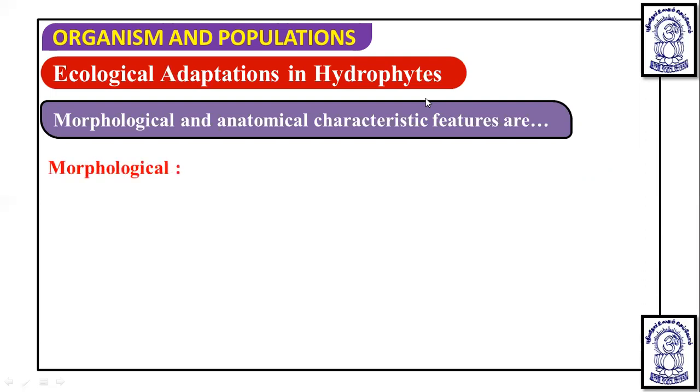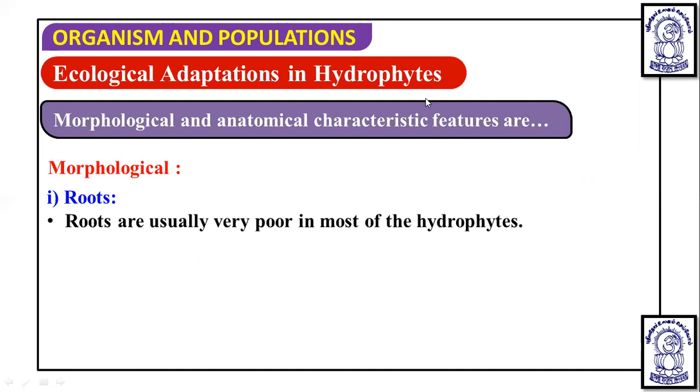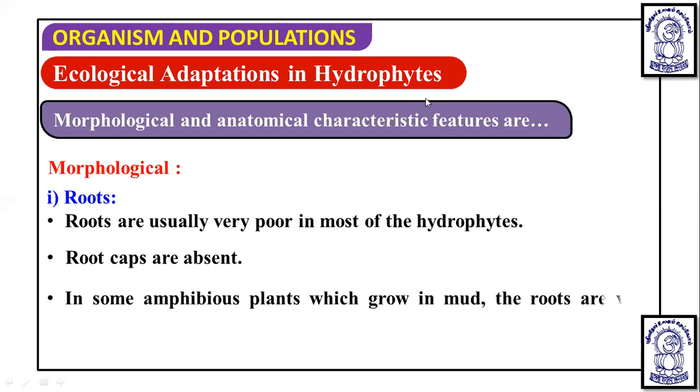So if we talk about the morphological characteristics first, in the root, the roots are usually very poor in most of the hydrophytes, and root caps are absent. In some amphibious plants which grow in mud, the roots are well developed with the root cap.